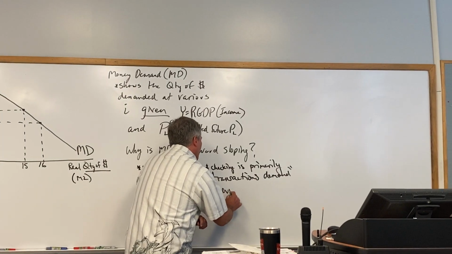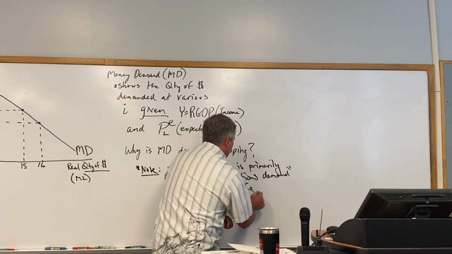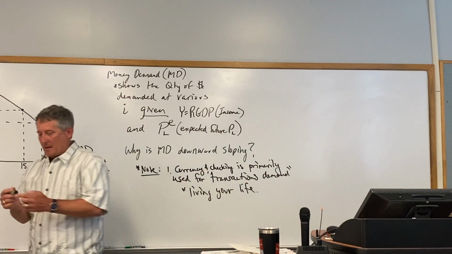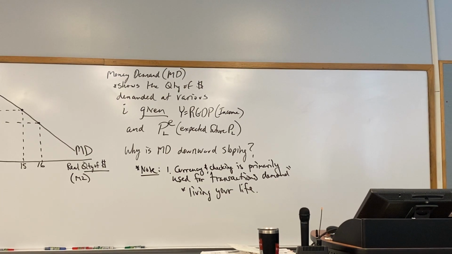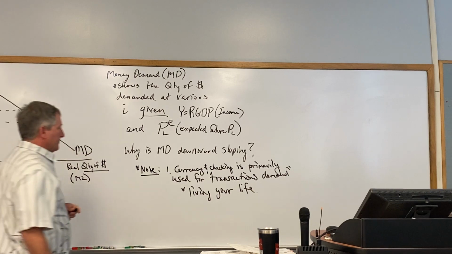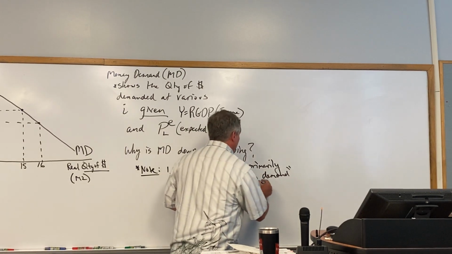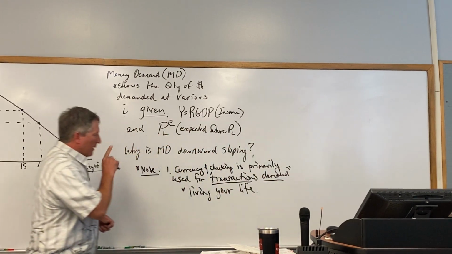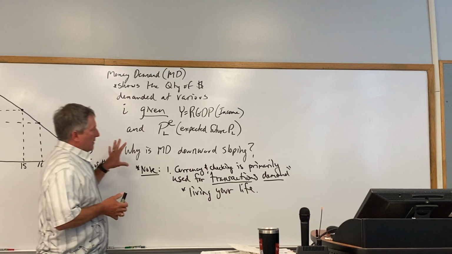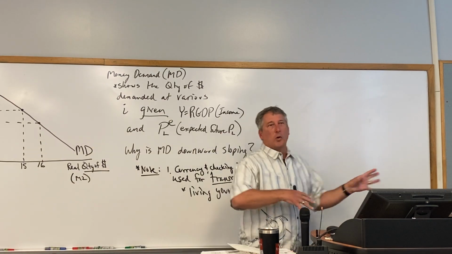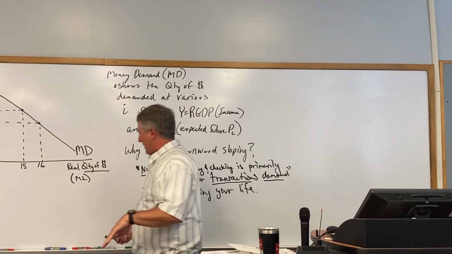I need some toilet paper. I need some groceries, right? I'm going to go to the movies tonight. So the purchases that you're making on a regular basis, we'd call transactions demand. All right, so now, what causes us to hold more or less money in our wallet?